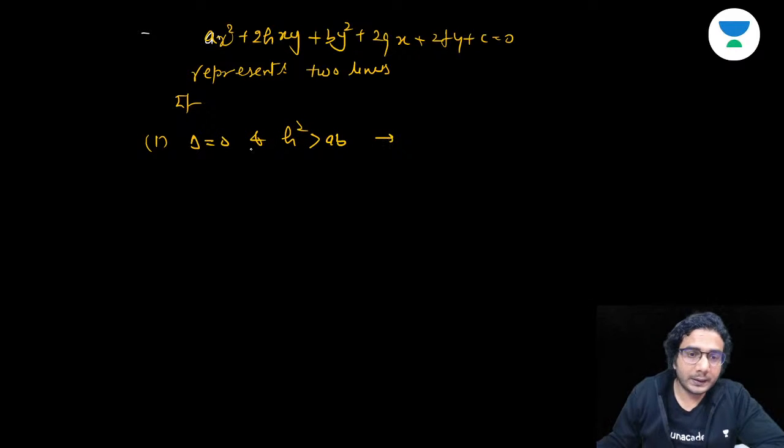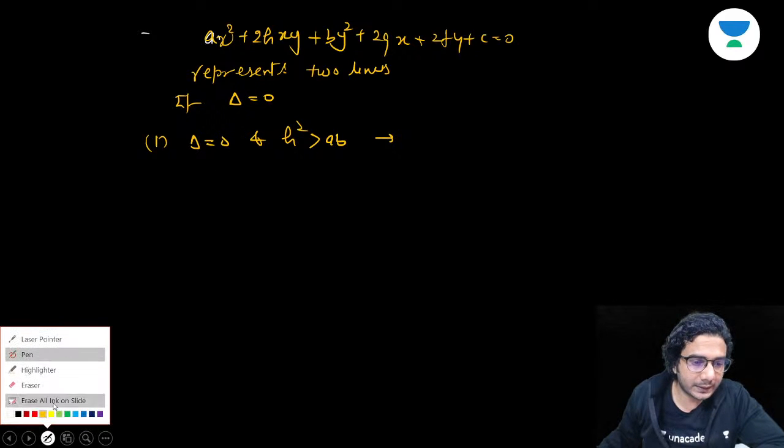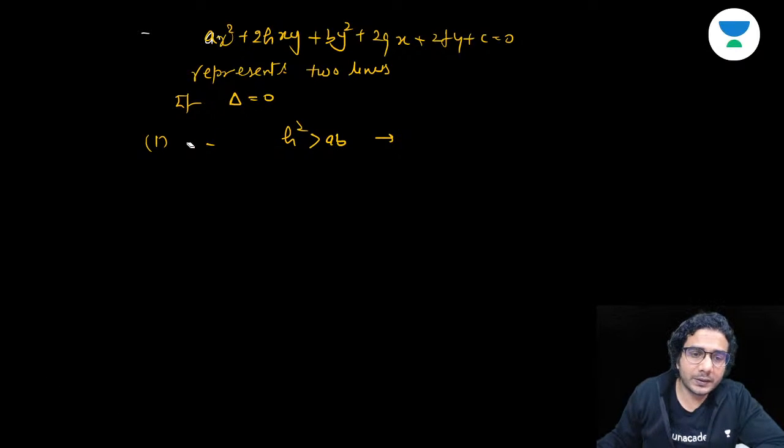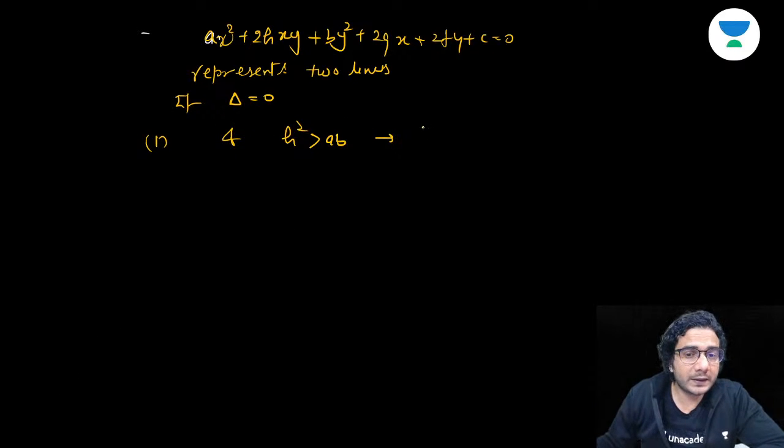If delta is equal to 0, it will represent two lines, always. Now if h square is more than ab, that means lines are of real slopes.